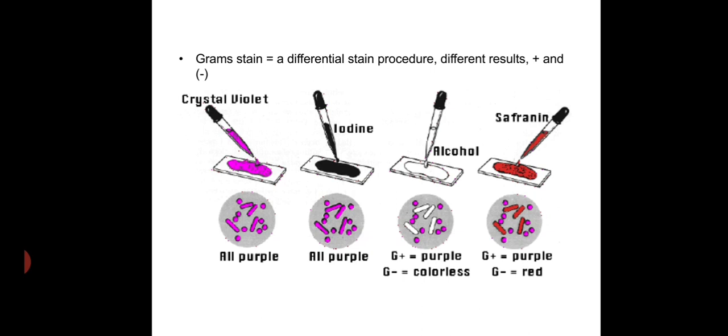So all bacteria are purple. Then acid alcohol washes out the stain. After washing, Gram positive bacteria show purple color and Gram negative bacteria are colorless. Here we understood that the purple colored bacteria are Gram positive and the colorless are Gram negative.